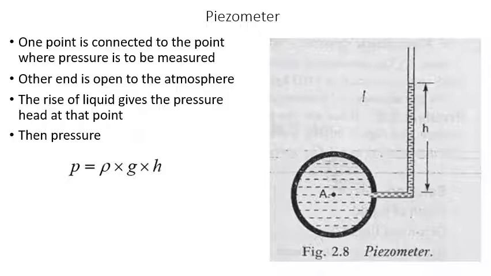Rho is equal to density of fluid, g is equal to acceleration due to gravity, that is 9.81, and h is equal to the rise of liquid level in the glass tube. This h value depends on the pressure in that system at point A. This is a basic, easy type of manometer system to measure pressure. The unit of this pressure is Newton per meter square.